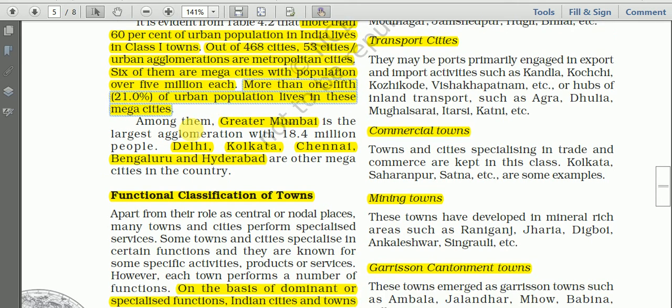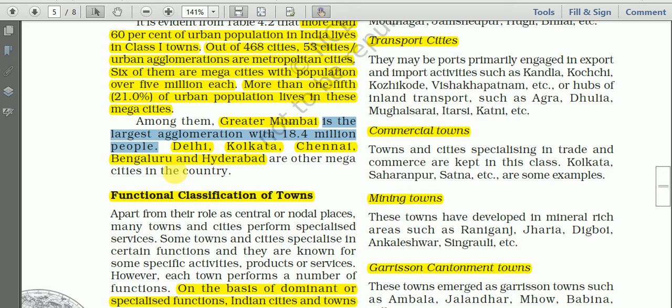Among the megacities, Greater Mumbai is the largest urban agglomeration with 18.4 million people. This is the population of Greater Mumbai.